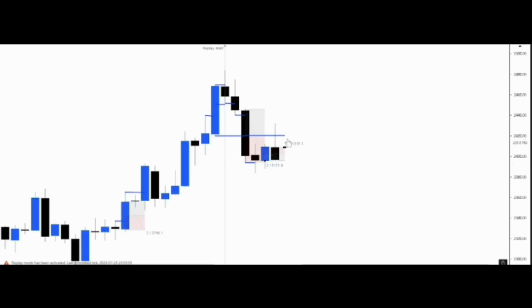Now after the target has been achieved, look at the way price took out this previous candle. Look at the way it took it out with a candle wick, once more with a candle wick.